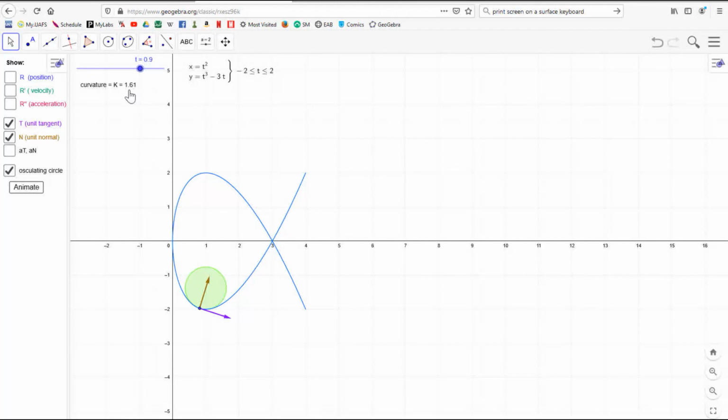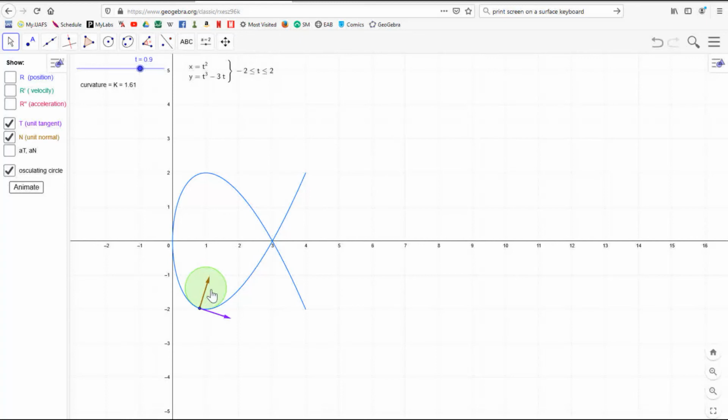So at this point, the curvature is about 1.61, which means the radius of this circle is 1 over 1.61. Okay, and the center of the circle is going to be in the direction pointed by this normal. So this normal vector, if you continue out that way, somewhere in here it's going to cross the center of the circle, about roughly in this area here.